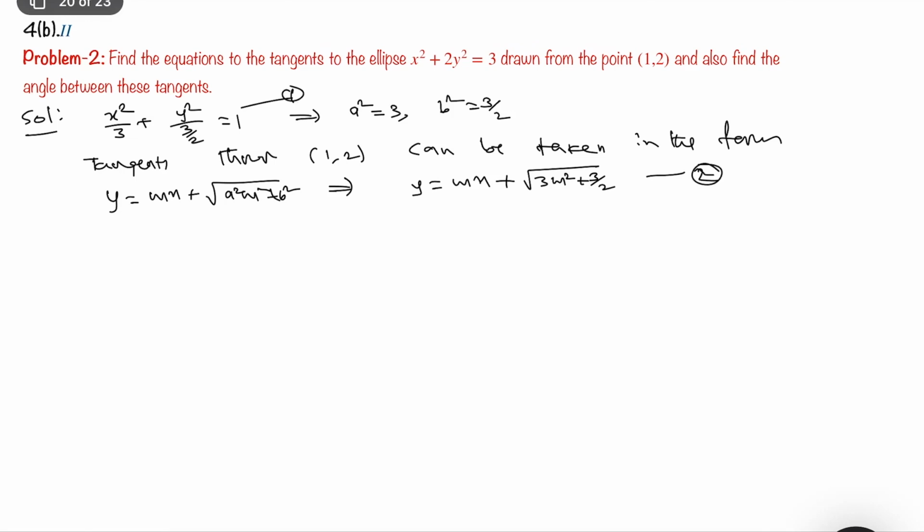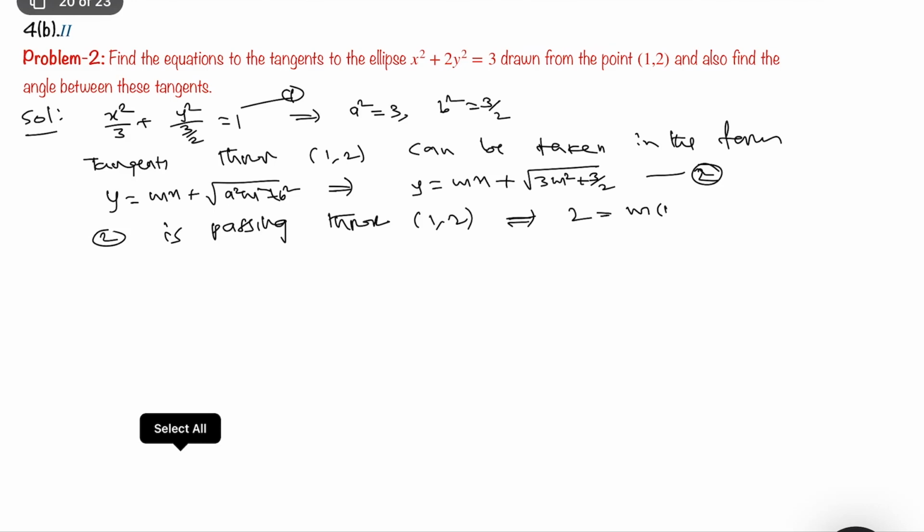Now here 2 is passing through the given point 1 comma 2. So we should have 2 equal to m times 1 plus under root 3m square plus 3 by 2.